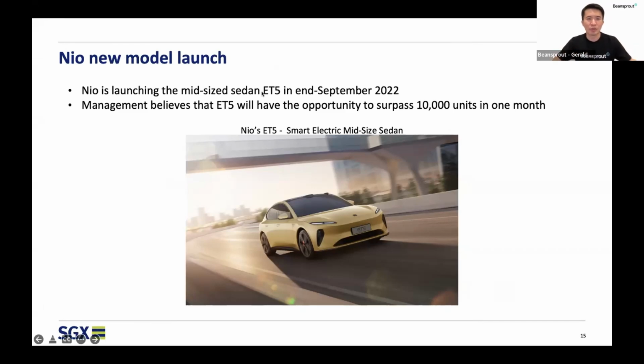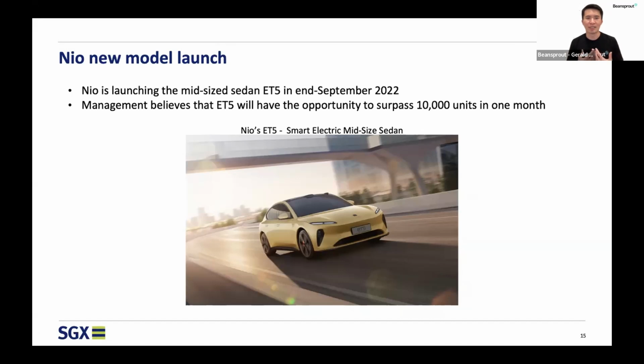So I'll just continue talking about the consumer side and how that has continued to drive demand. The other thing to look out for over the remaining months of this year would really be the new model launches. This is leading to a lot of excitement, not just within the consumers, but also investors as well.